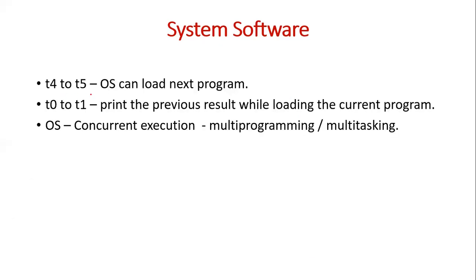So during T4 to T5, the OS can load the next program, because the operating system just writes the content to the print buffer, then the printer will be printing. Similarly, during T0 to T1, the operating system can print the previous result. That is, the operating system is not printing, it is only writing to the buffer of the printer.